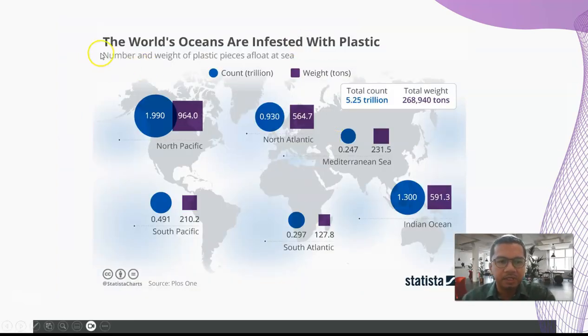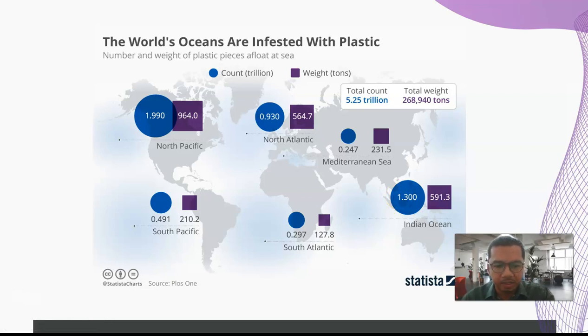And based on this figure, we can see that the world's oceans are infested with plastics. We can see that the North Pacific has 1.990 trillion plastics, as well as the Indian Ocean, which contributed about 1.3 trillion of plastics.